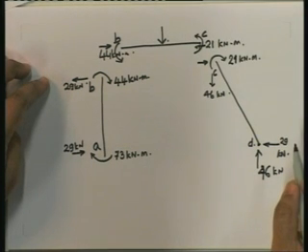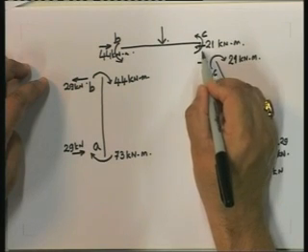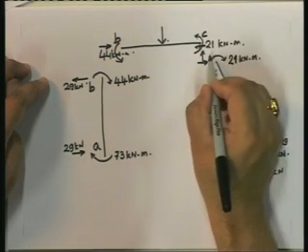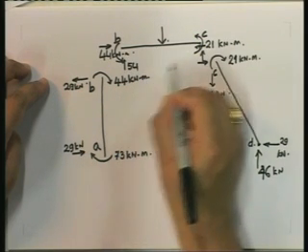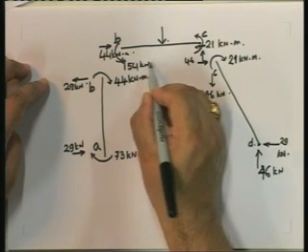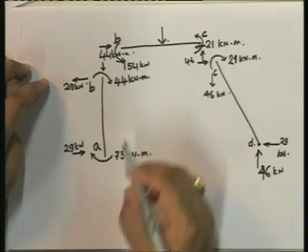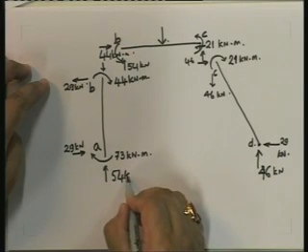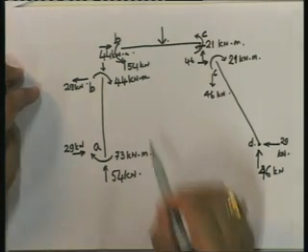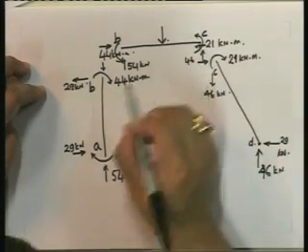Now since this is going to be 46, by definition this has to be equal to 46, and if this is 46, this has to be equal to 54. If this is 54, then this has to be 54, and therefore this has to be 54. Now the question is, does this check? Let us look at this.